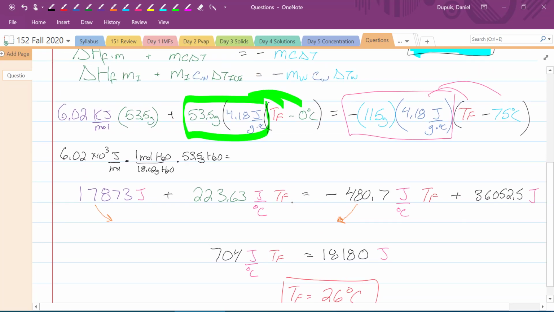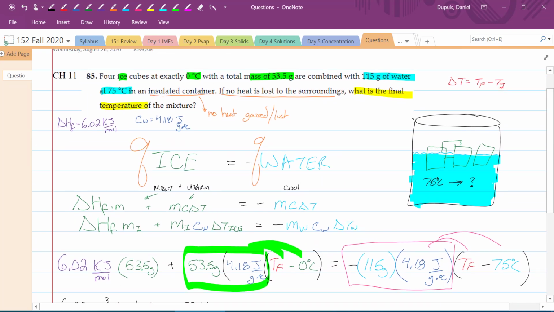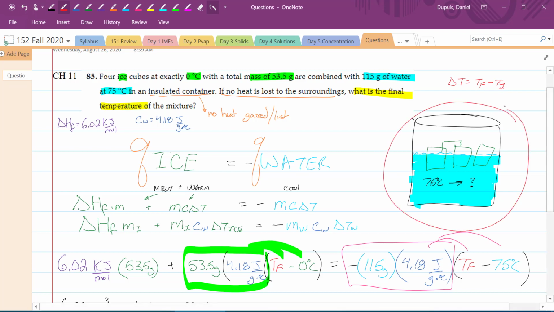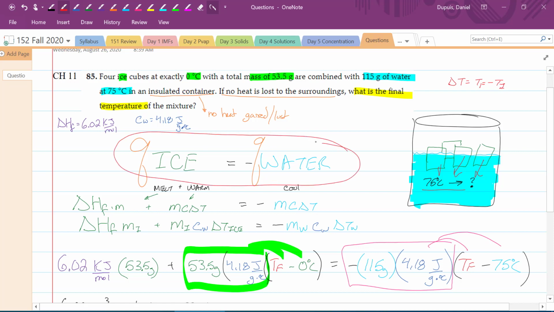So what did we do? We figured out what was happening physically first. Ice is going into the water, and the water is going to cool. Then we set them equal to each other, the ice and the water, my two systems.